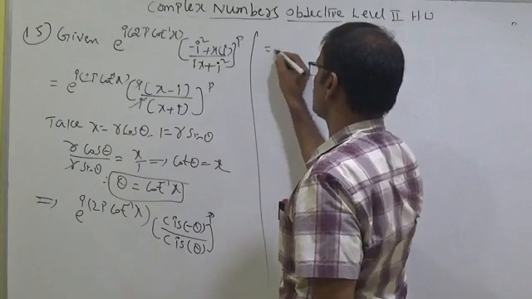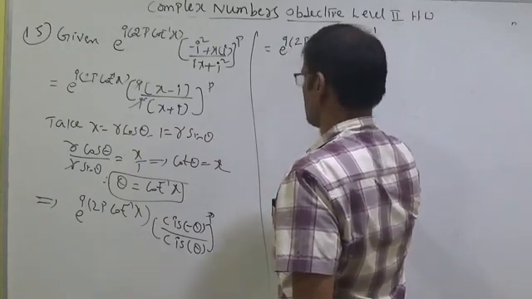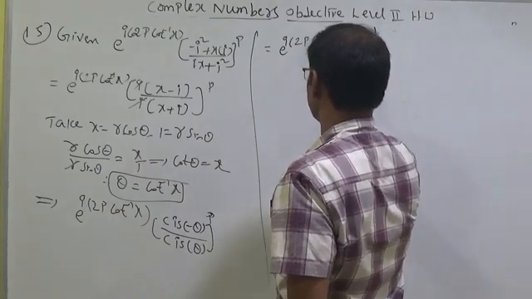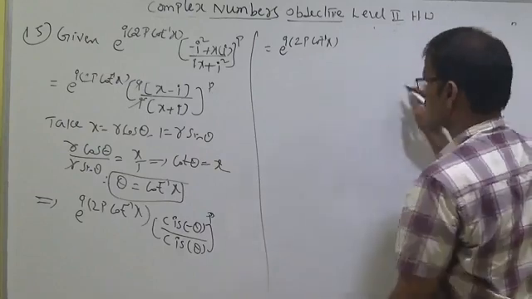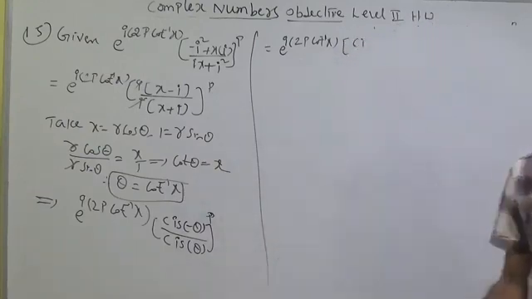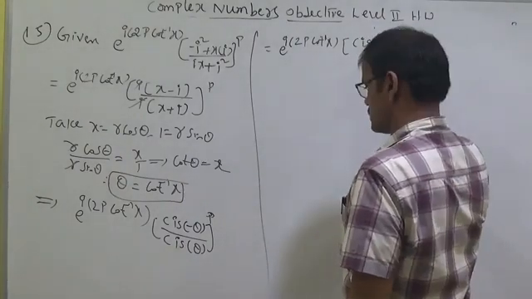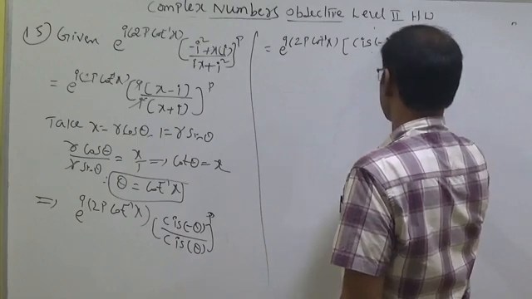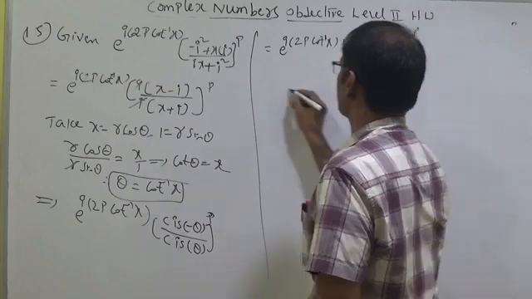That is e power i into 2p cot inverse x into cis alpha by cis beta, which is cis of alpha minus beta. So you can write cis of minus 2 theta, whole power p.